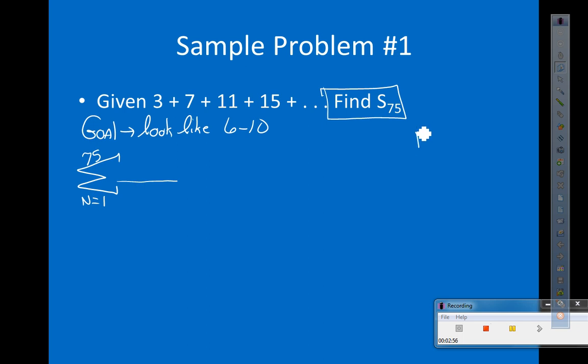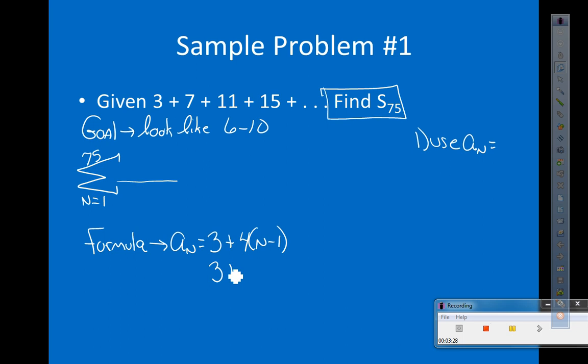So step number 1, I'm going to use your a sub n formula to get the formula that goes here. a sub n equals a sub 1, which is 3, plus d, which is 4 (3 to 7, 7 to 11, 11 to 15), times n minus 1. I'm going to simplify this. I got 3 plus 4n minus 4. If I simplify, I've got 4n minus 1. There's my formula.